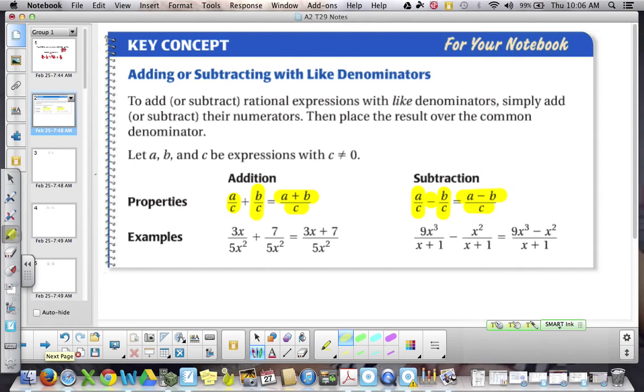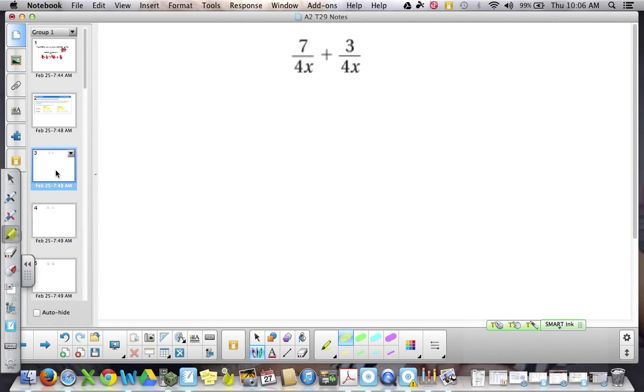All right, so let's jump into some examples of this. First one we have is 7 over 4x plus 3 over 4x. Since we have the same denominator in each fraction, we can just add the two numerators together, 7 plus 3 over 4x. So that equals 10 over 4x.